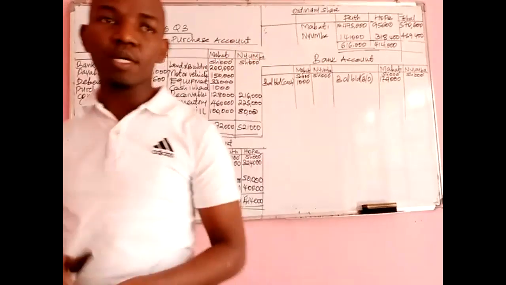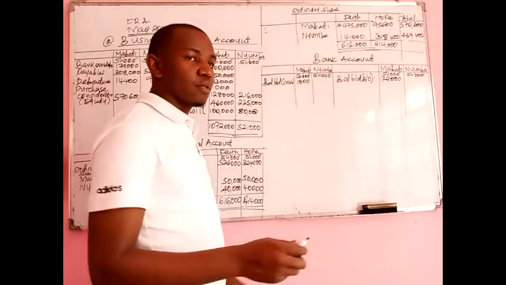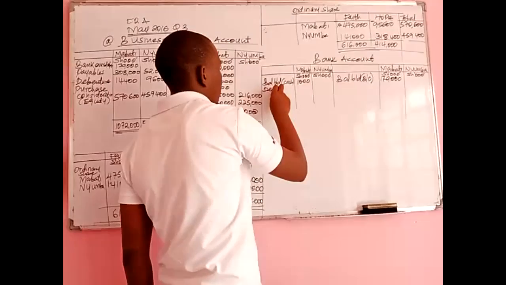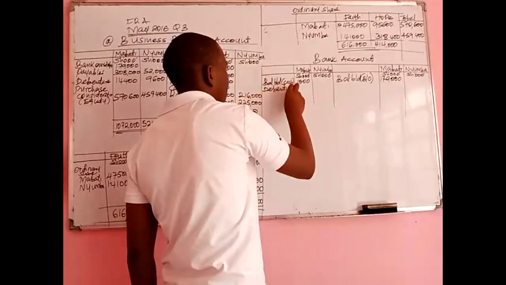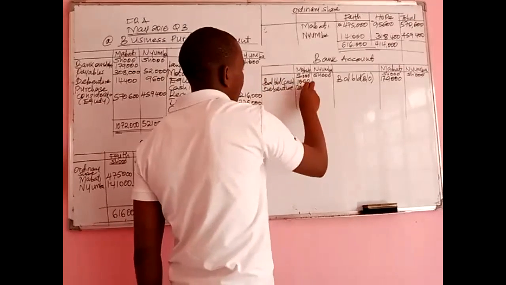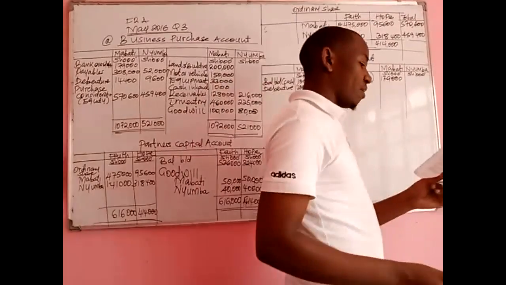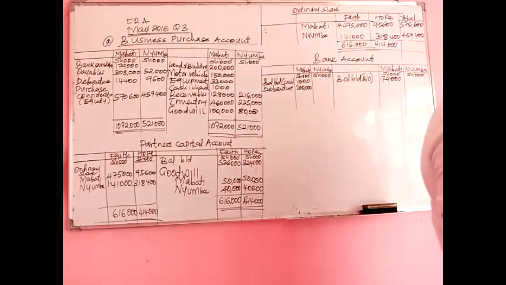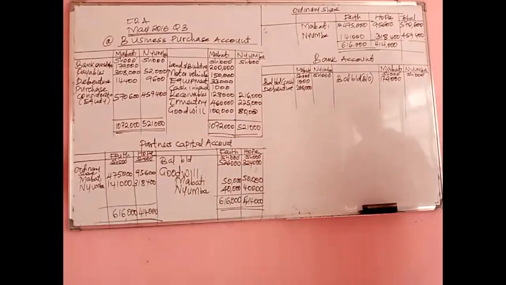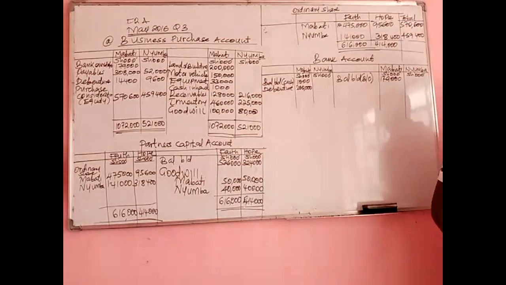When you raise the debenture, you receive the cash. So we debit the bank 200,000. Then at the same time, he paid off the bank overdraft.